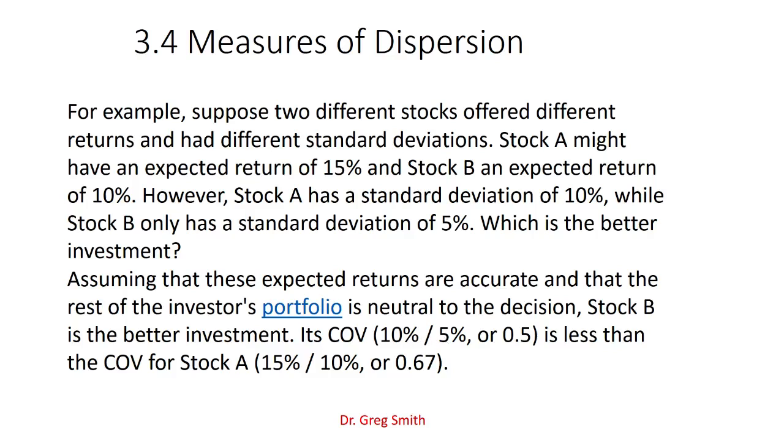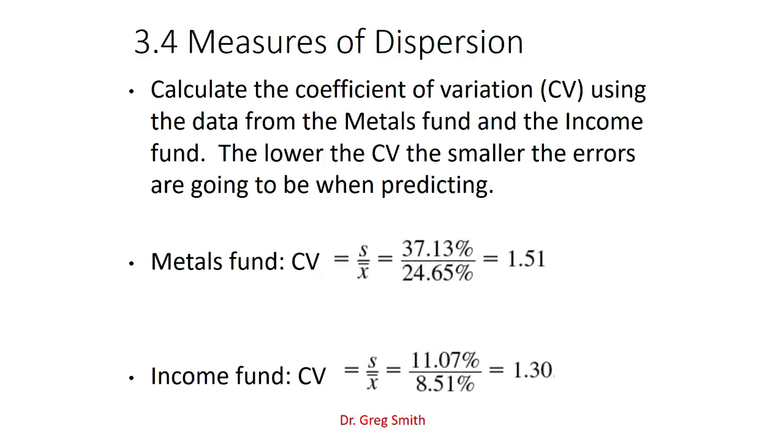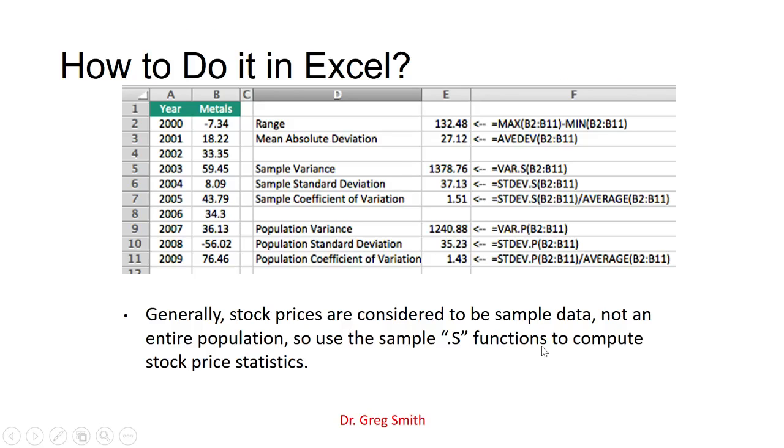We're looking at something quite a bit less. So the coefficient of variation that we have would be a little bit less. If you think of the ratio as being reversed, B is actually a better investment because the variability, which is less, makes it a better bet. So in the case of metals versus income, even though it has a lower return, it has less variation. It seems like a better deal.